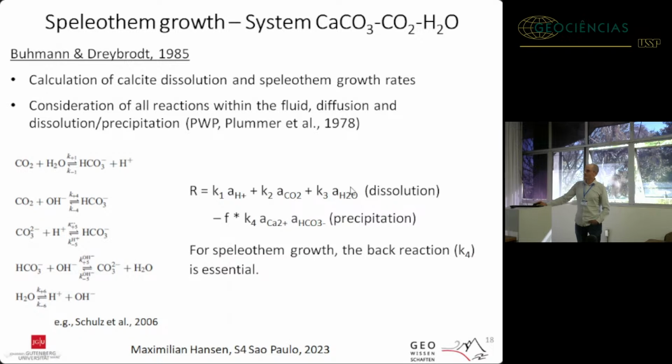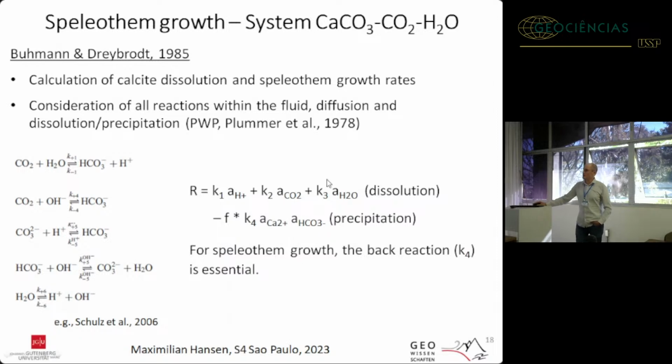The first term is the dissolution of a carbonate host rock, and for speleothem growth, the last part of the equation is the most important part. This one describes the precipitation, so for speleothem growth, the back reaction is actually the most important part.